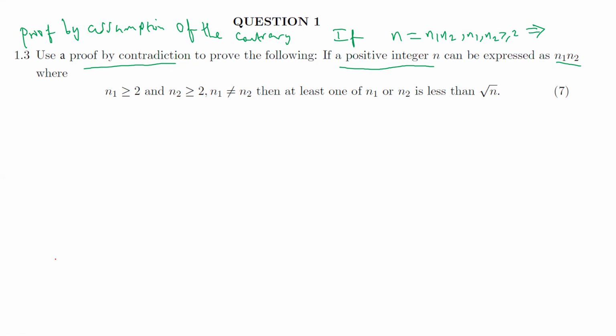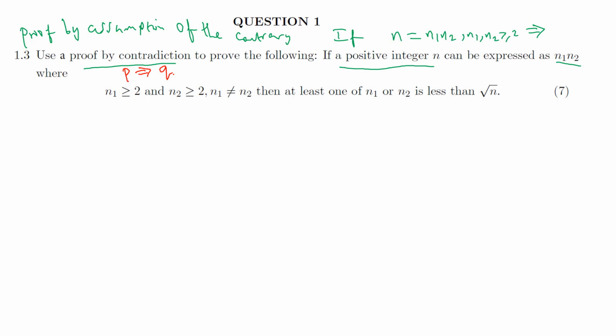Proof by contradiction is used when you have the following. We have a statement P implies Q, like that. If you have a statement P implies Q, what would a proof by contradiction mean?